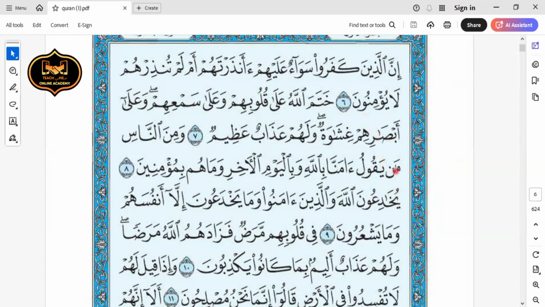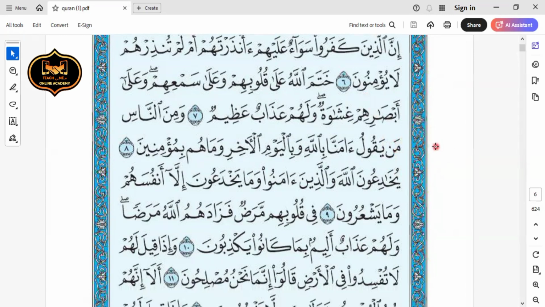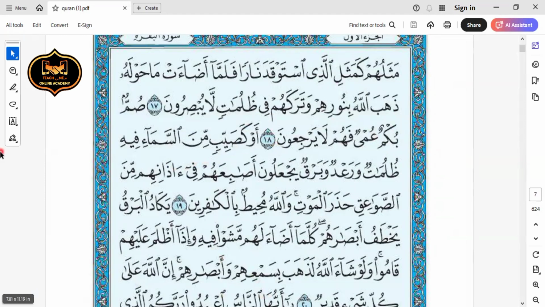So we will open any part for him and ask him to find idgham with ghunnah. Like this example, كَصَيِّبٍ مِن. Why? Because we have tanween, and tanween is followed by mim, and mim is one of the letters of idgham.